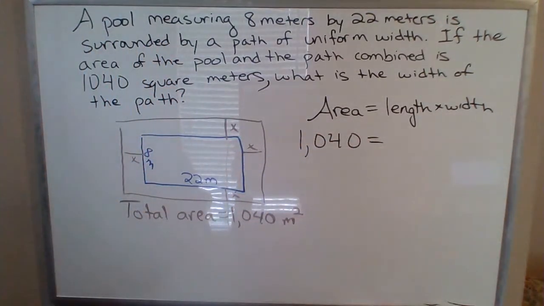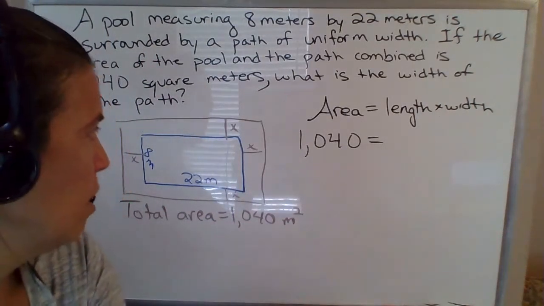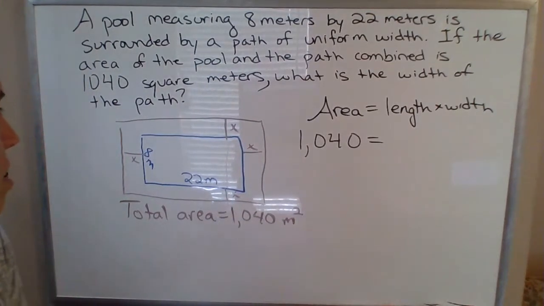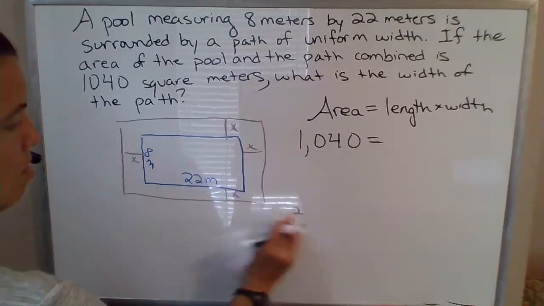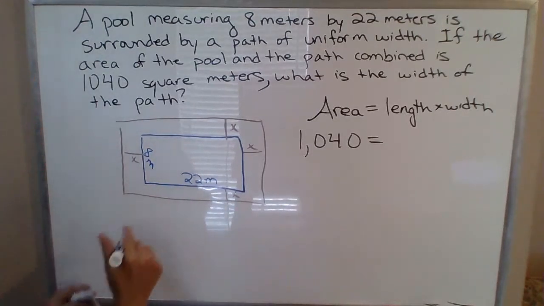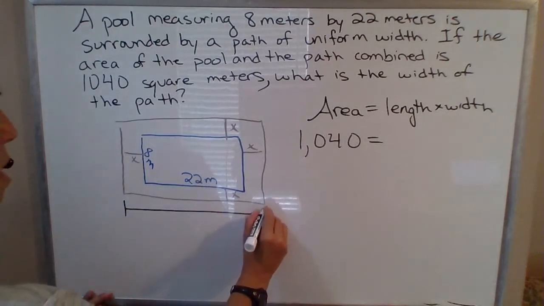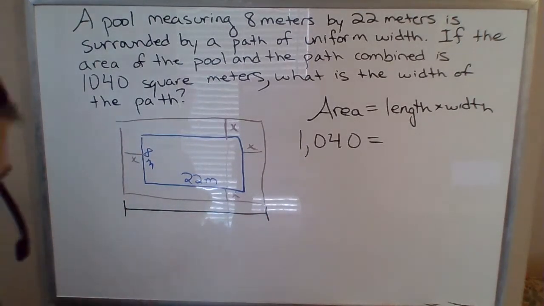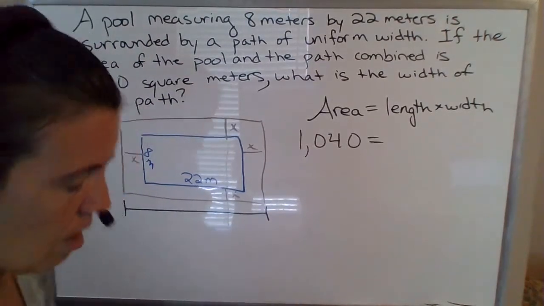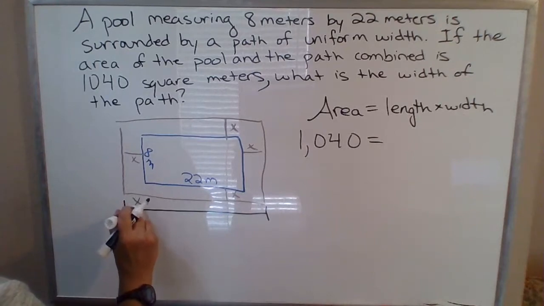So total length of the pool and the path. So let's think about that. If you work your way all the way across the bottom of this rectangle, I'm going to call this the length. How wide is that, or how long is that? So we've got x meters here, right?